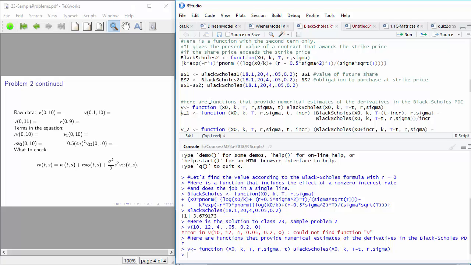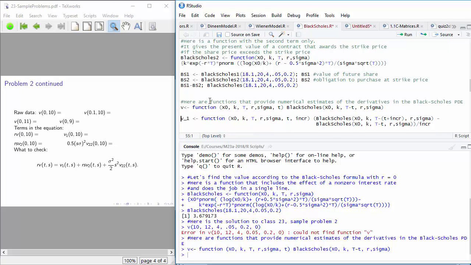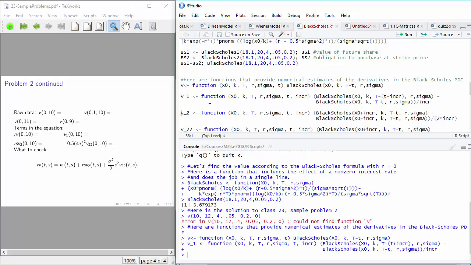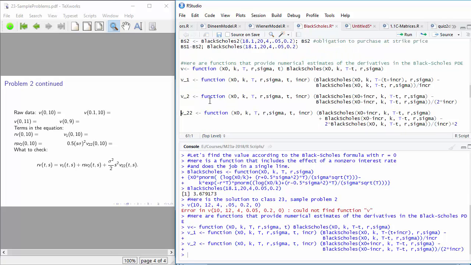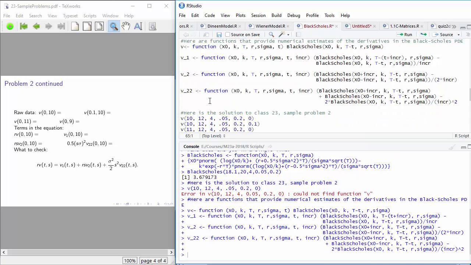If I make the increment too large, I won't get a good approximation to the derivative because the changes are too large. If I make it too small, I might be done in by round-off errors. Similar one, V2, gives me the partial derivative with respect to the second argument, and the last one gives me the second partial derivative with respect to the second argument.